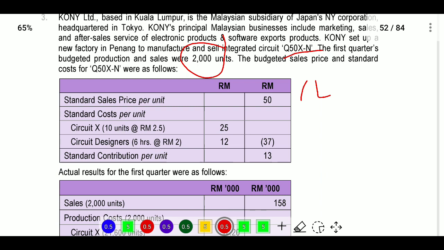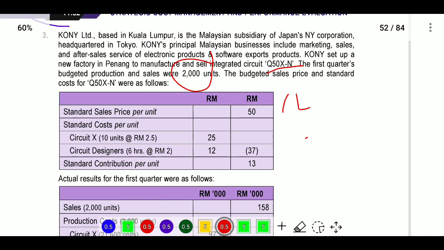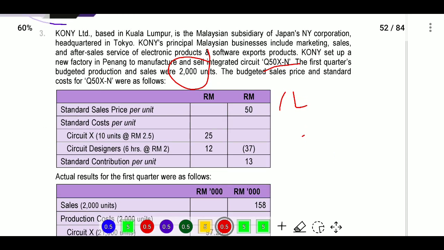It is RM 2.5, 10 units, 25 rupees. Next, the circuit designer, 6 hours at the rate of RM 2, that will be 12 rupees. 6 into 2000 means it will become 12,000 hours at the rate of 2 rupees.